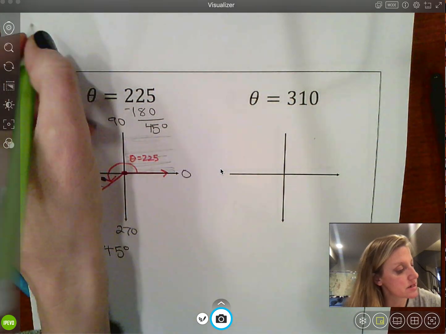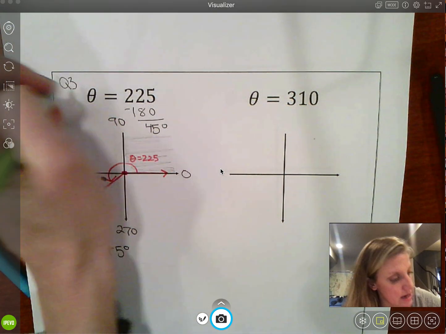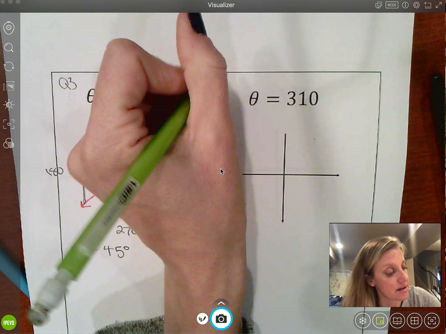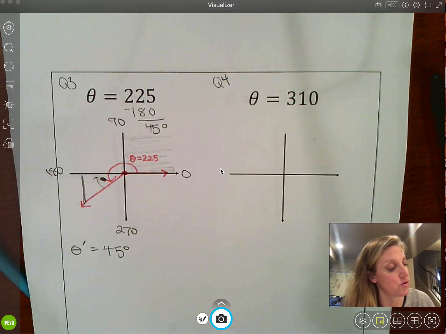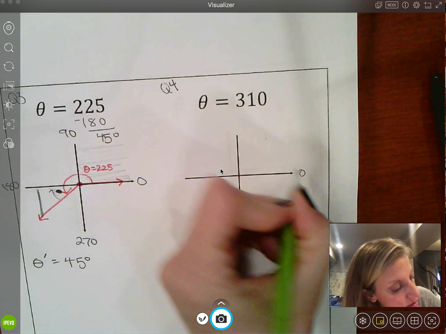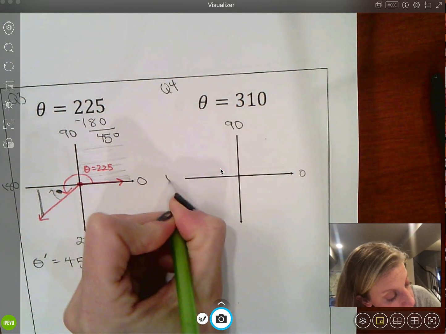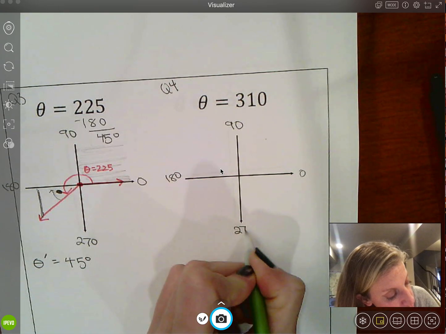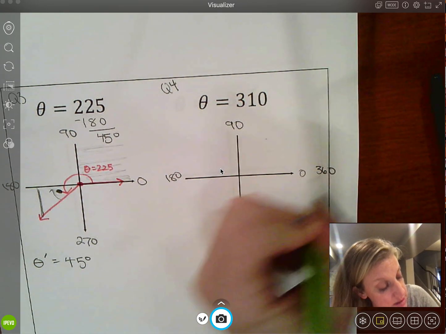So there was an example of quadrant 3, and then this theta of 310 is going to be our example of quadrant 4. All right? So if you have an angle at 310 degrees, we're at 0, 90, 180, 270, and then all the way around would get us to 360.